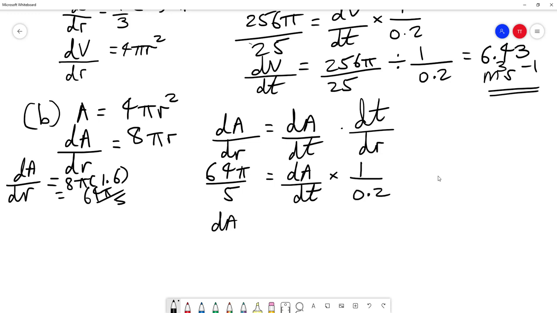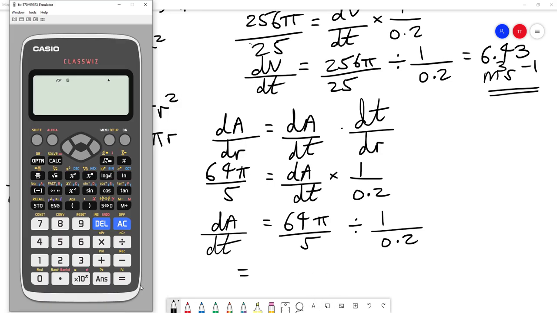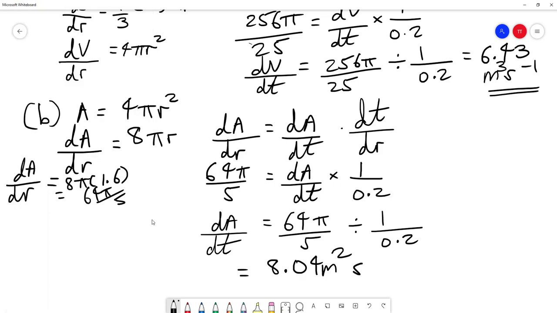So dA by dt is 64 pi over 5 divided by 1 over 0.2. So I get my calculator out to do the answer, divided by 1 over 0.2. That gives me 8.04 meters squared per second.